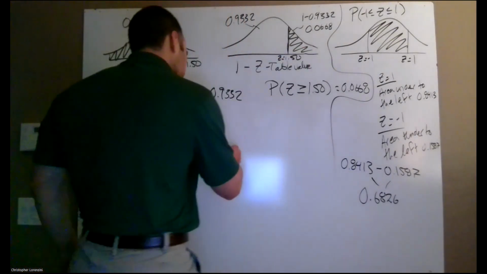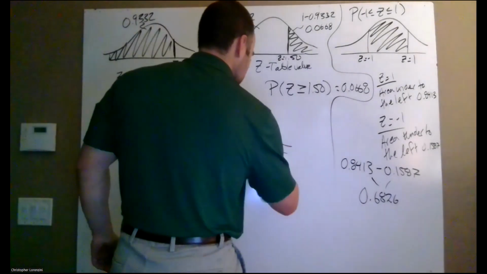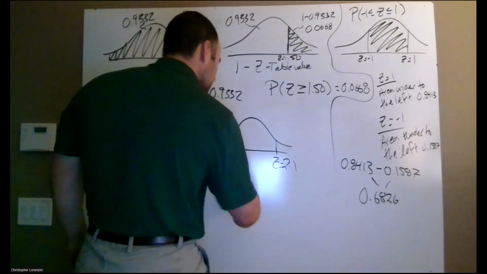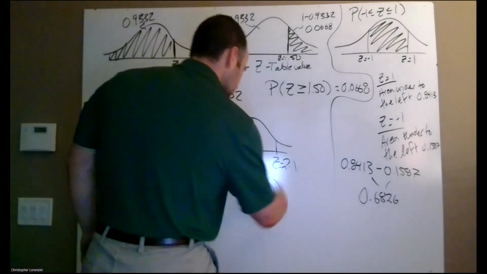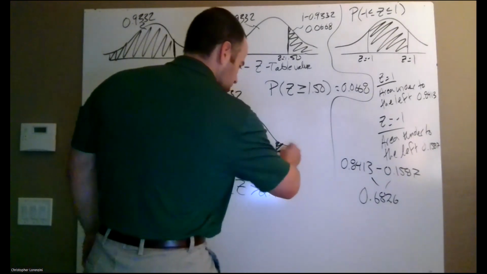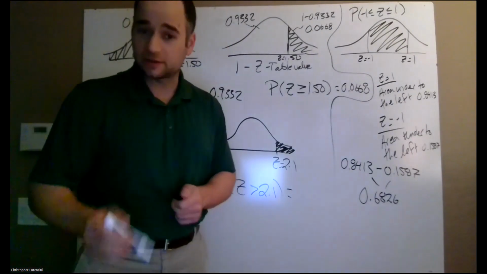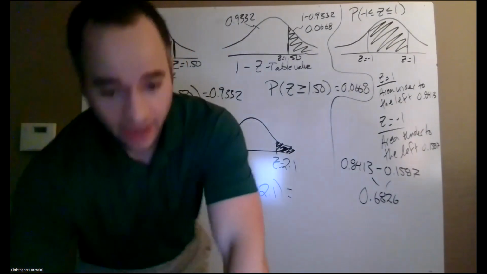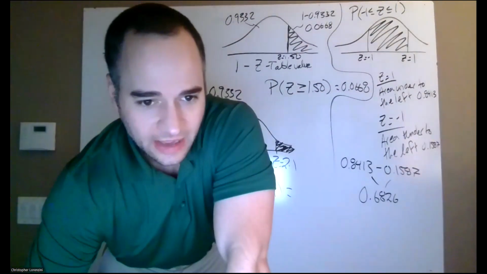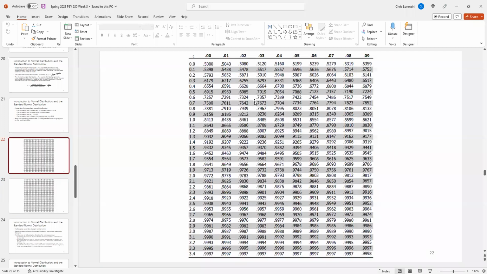So in that problem, we said Z equals 2.1, and I want to find the probability that Z is greater than 2.1. So I'm going to find that area under the curve to the right. What we can do now is go to our table, and we can use this to help us figure out what that value is going to be.